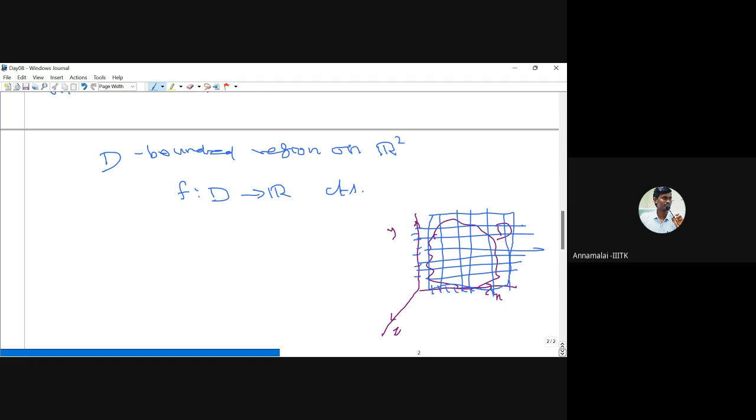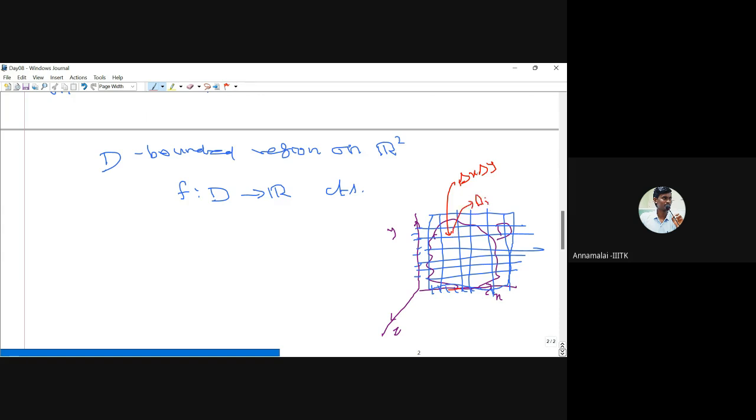Okay, now look at this. Maybe I can pick one region. Suppose I pick this region. So this is some rectangle. What is the area of this rectangle? It is nothing but this length times this length. Maybe the x-axis length is delta x, and this length is delta y. We can call this small region some name, say A_i.